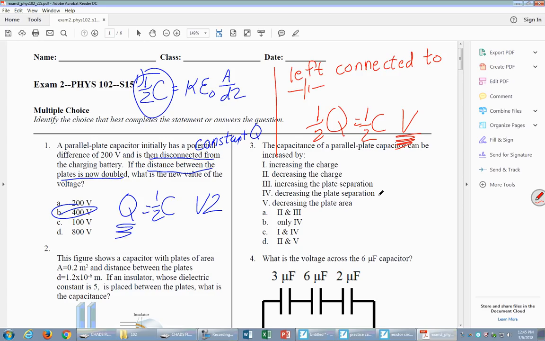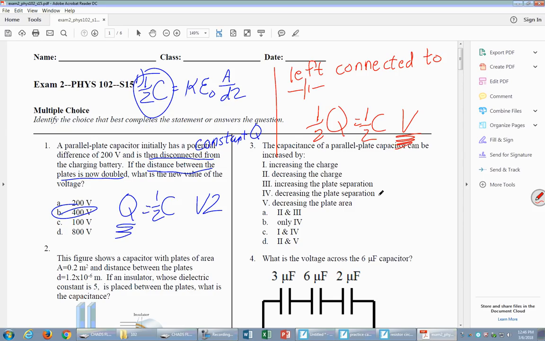So there are two questions you want to ask yourself. First, how does the capacitance of this capacitor change when you change its dimensions? Second, what's remaining constant, the charge or the voltage? The charge remains constant if it's disconnected from the battery. I charge it on the battery, I take it off, and that's all the charge I got.